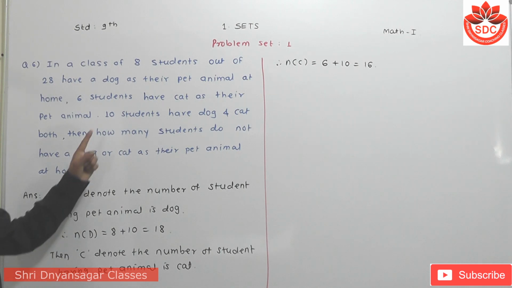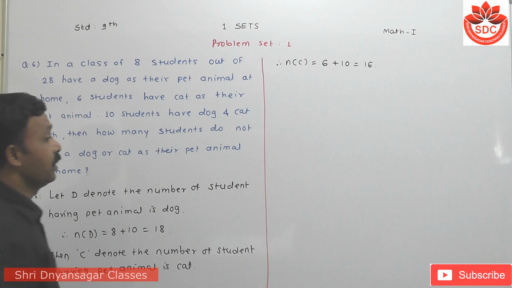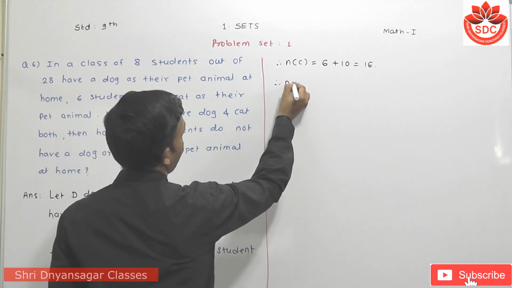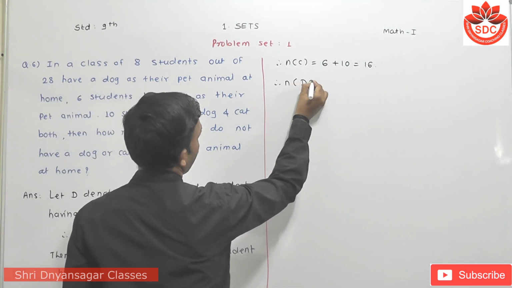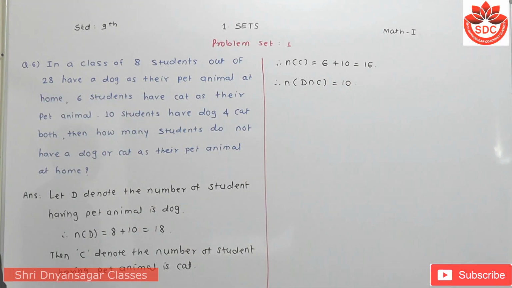Then here 10 students have dog and cat both, means their intersection. Therefore n of D intersection C is equal to how much? 10. Then we use the formula.